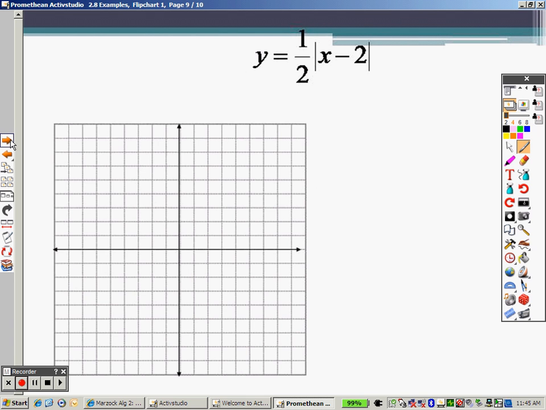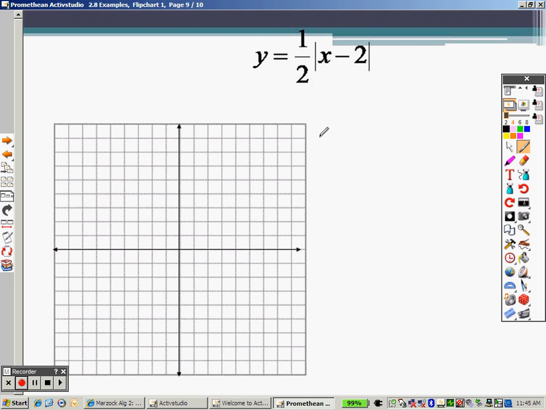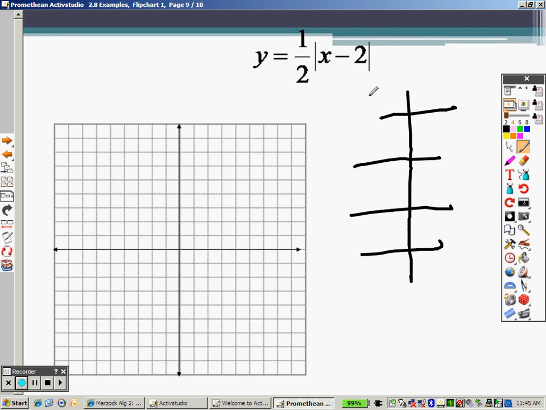Alright, and let me take a look here at some other ones. Trying out this one here quick. Once again, plugging in points. Let's plug in some points here.